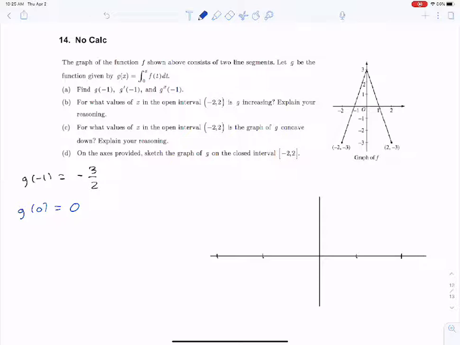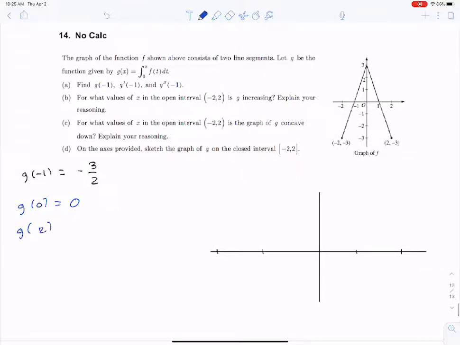Also, I think you would agree that g of 2 is also 0. I'm just giving myself a few points. I don't know if I need this many, but it might be nice. And then finally, one more point that I'm going to put in there: g of -2 is also 0.